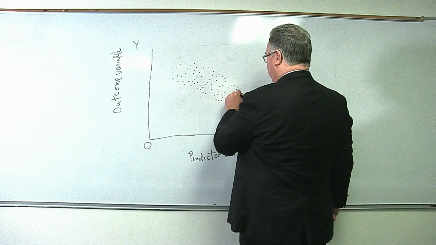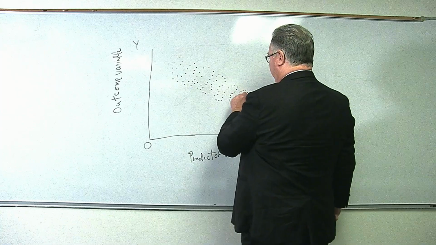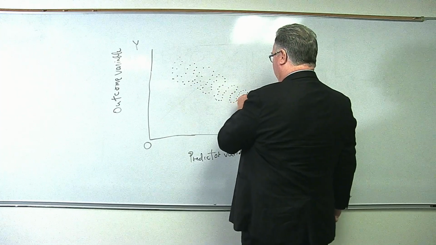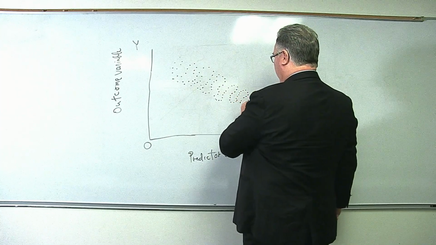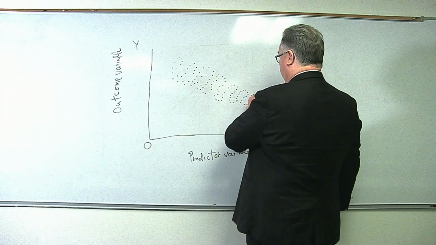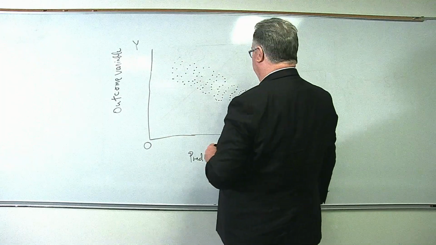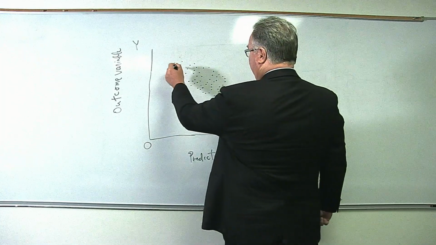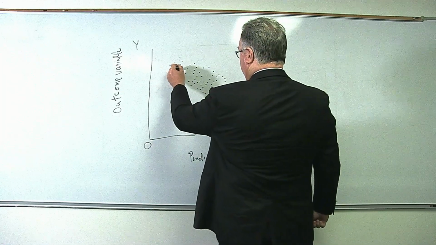An XY combination for each one of these observed values. And here you notice we draw a line through that.